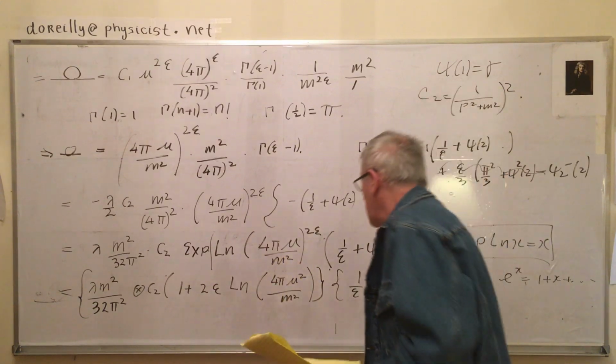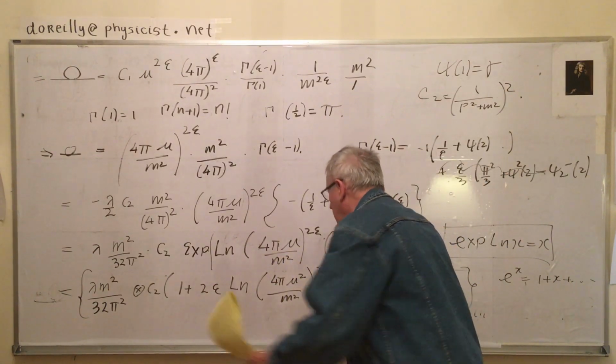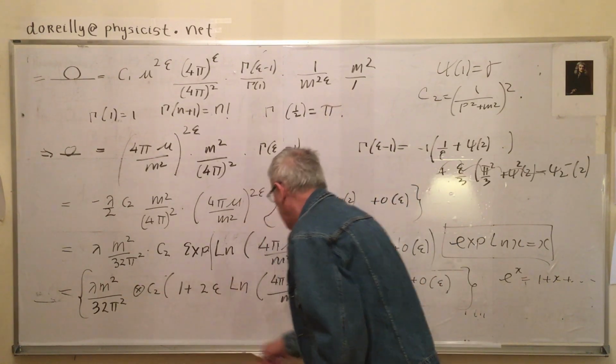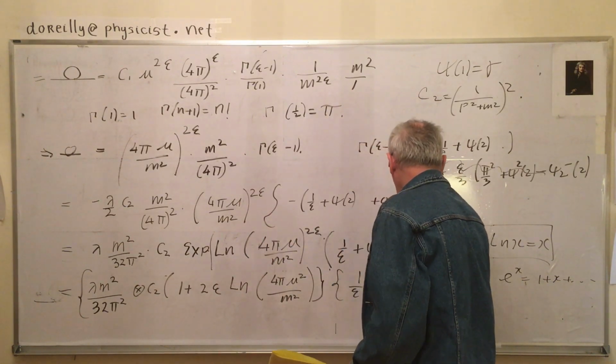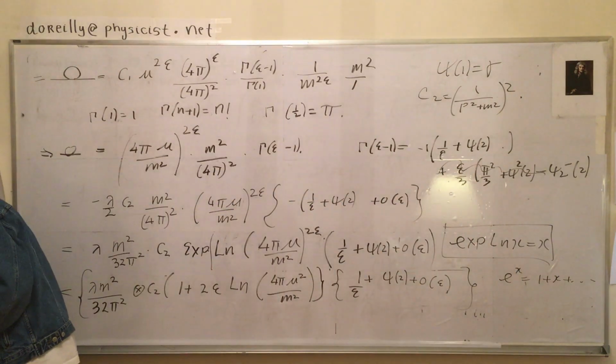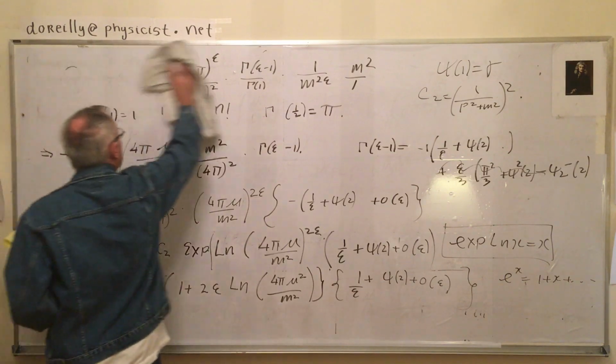I'm going to put the final result, expanding out this, multiplying this by this. I'm going to put it up here because 1 over epsilon, this one, they're going to cancel, and you're going to be left with one pole and the end result. So, for this class, the end result is coming up here.